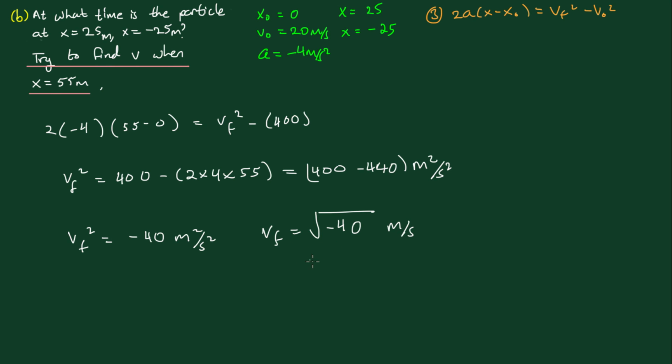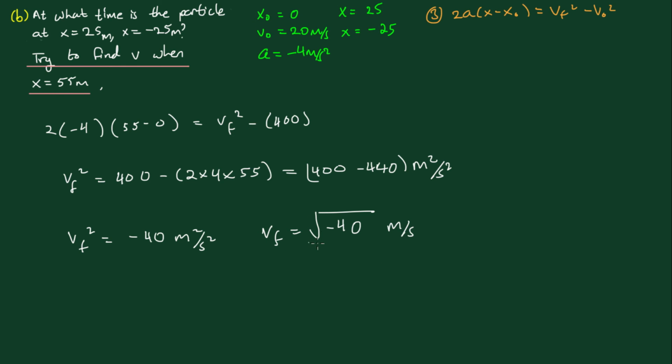Now, obviously, the square root of negative 40 isn't real. This is a complex number. So what does this tell us about trying to find v when x is equal to 55 meters? Well, for one thing, it tells us that the particle never reaches x equals 55 meters. If it did, then our solution for vf would have been a real number.